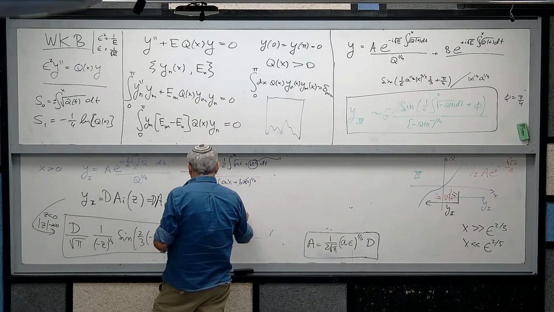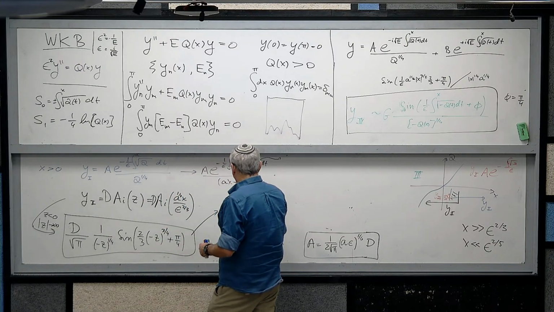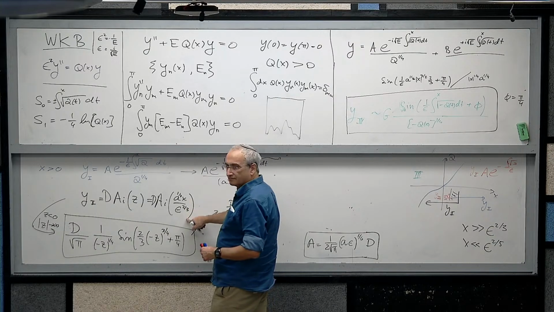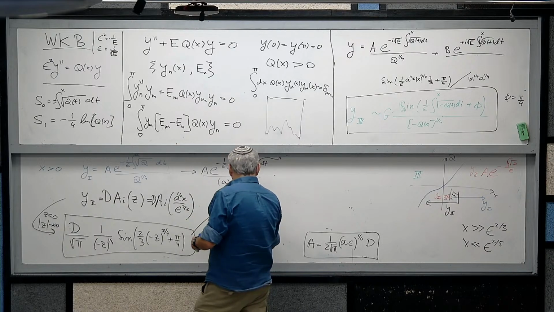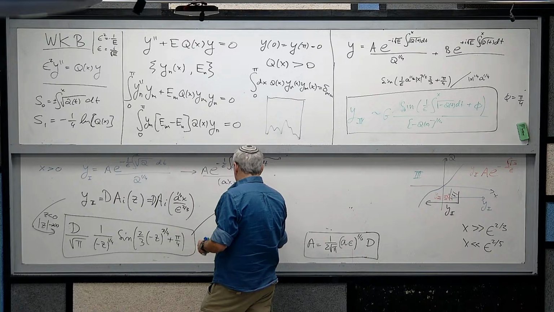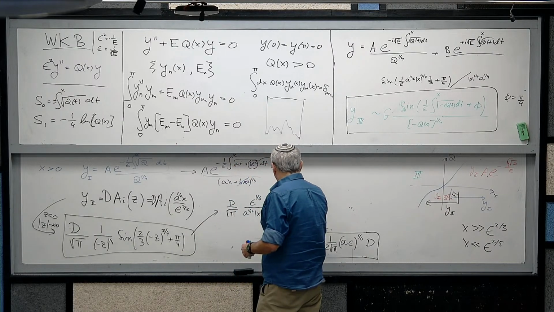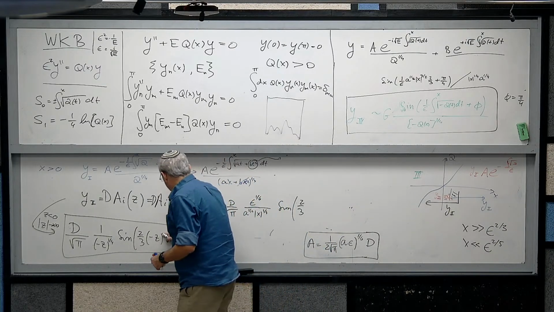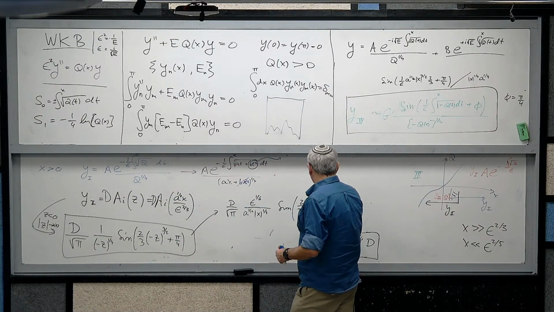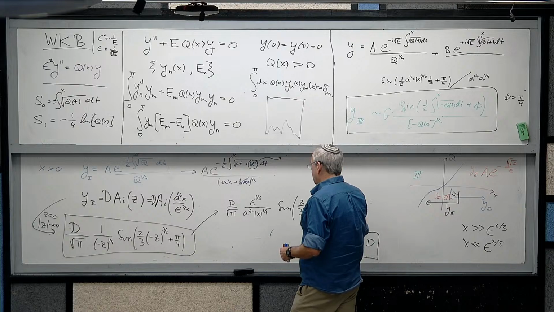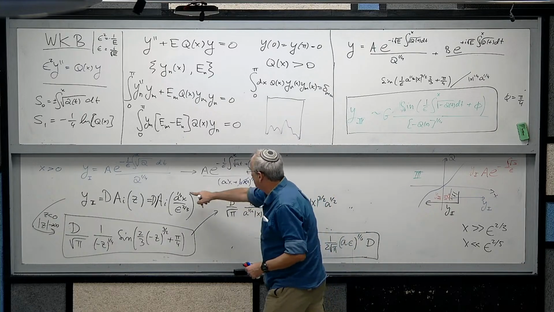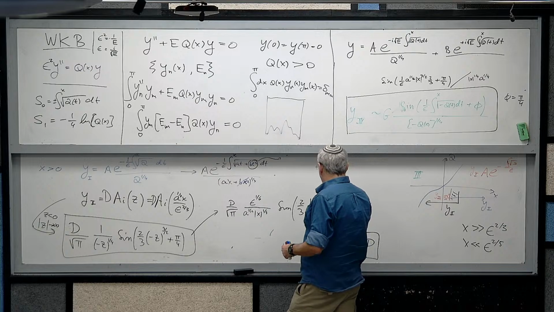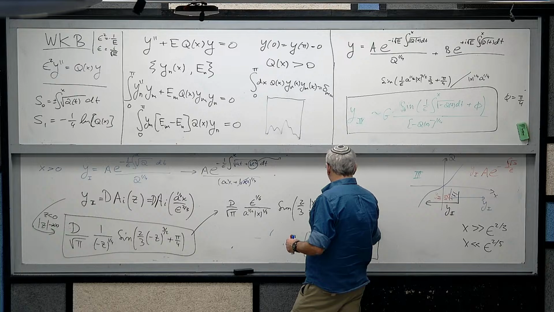This will give me D over square root of pi times 1 over a to the 1/12, absolute value of x to the 1/4, and upstairs epsilon to the 1/6, and then sine of 2/3 times x to the 3/2 times a to the 1/2, because it's a to the 1/3 to the power of 3/2, divided by epsilon to the power of 1, plus pi over 4.